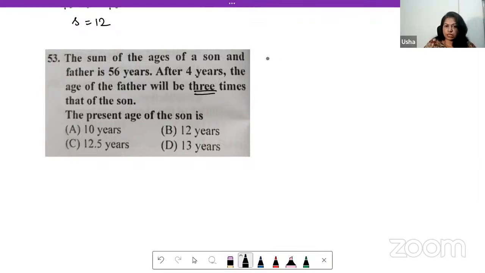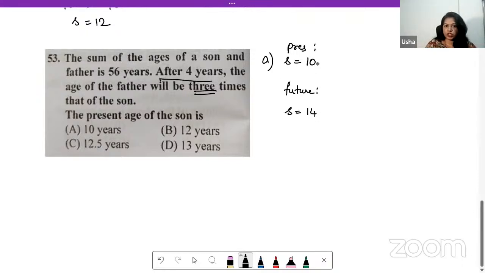The present age of the son is given as 10 years. Okay, this is the present age. So what is the future age? The future age of the son is 14 because it is after 4 years, right?